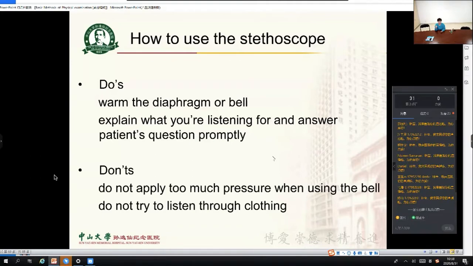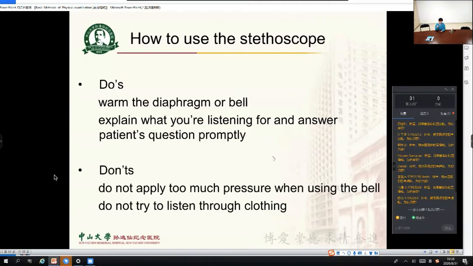Using a stethoscope to hear the heart sounds or any murmurs, or to check the auscultation for the lungs. Don'ts. Do not apply too much pressure when using the bell. Do not try to listen through clothing.